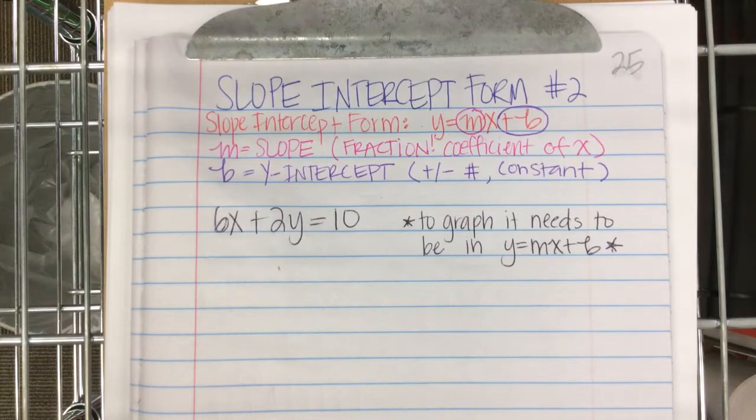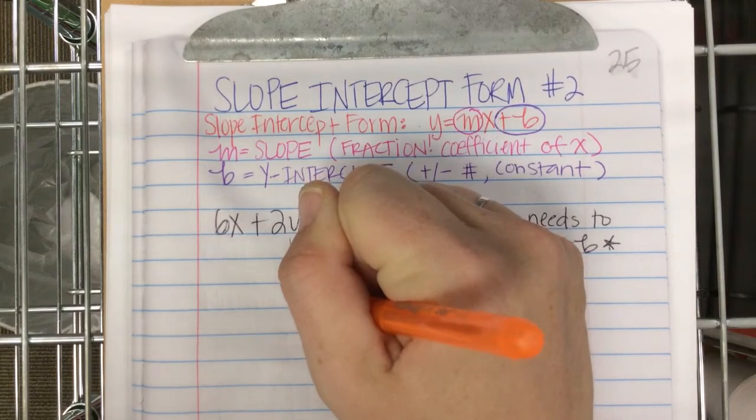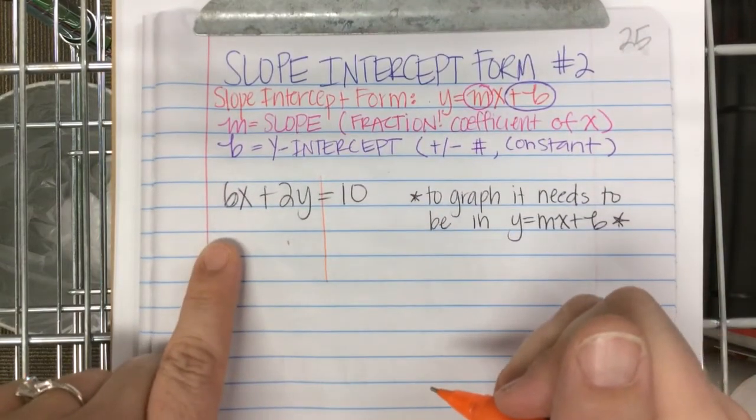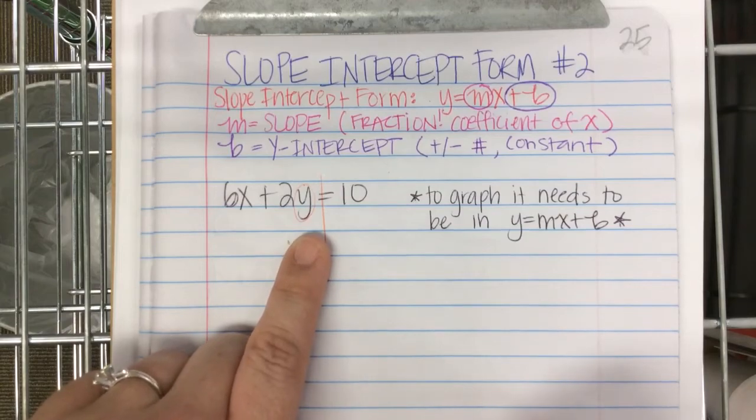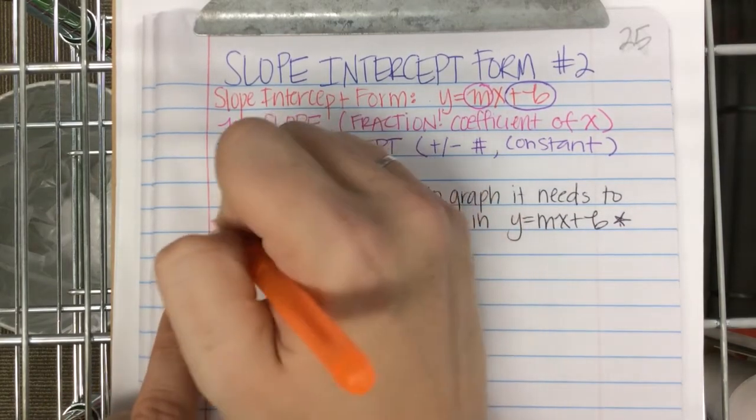So we learned a little while ago how to solve for a variable. So could you take this equation and solve for y? Yeah, let's do that. To get y alone, I first move out my 6x.